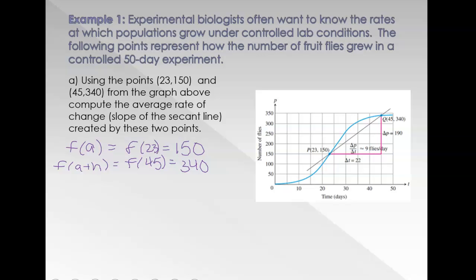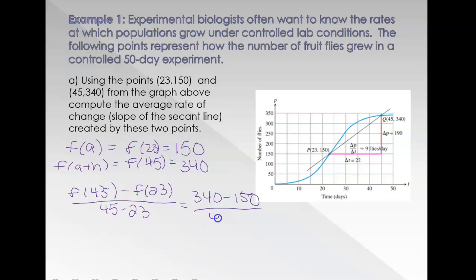If it asked you to find the change, that would be f of 45 minus f of 23 over 45 minus 23, or 340 minus 150 over 45 minus 23, which is 190 over 22, which is approximately 8.6 flies.